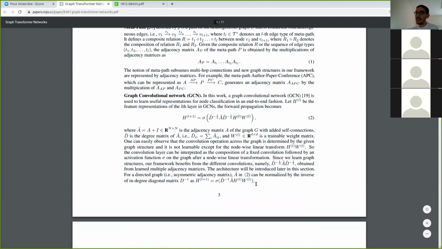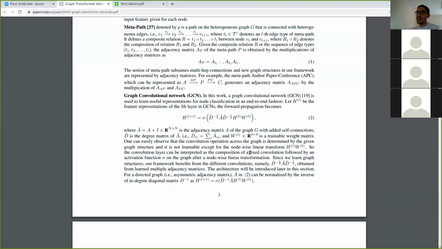There is a point here that relates to something that Vahan was saying earlier: the first half of this expression represents a fixed convolution which only depends on the graph structure, and the part that is learned is the node-wise linear transform, the weight matrix.